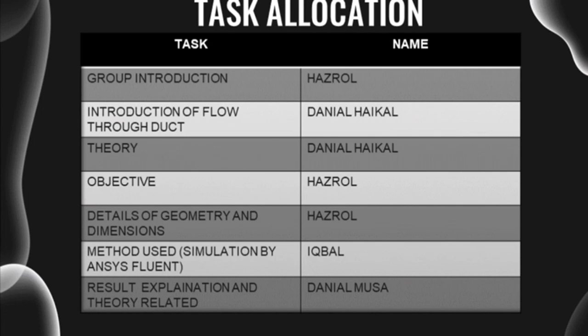This is the task allocation: group introduction by me, Azrul; introduction of flow through duct, Daniel Haikal; theory, Daniel Haikal; objective, me; detail of geometry and dimension, me; and method used, simulation by ANSYS Fluent, by Iqbal; and lastly, result explanation and theory related, which is Daniel Musa.